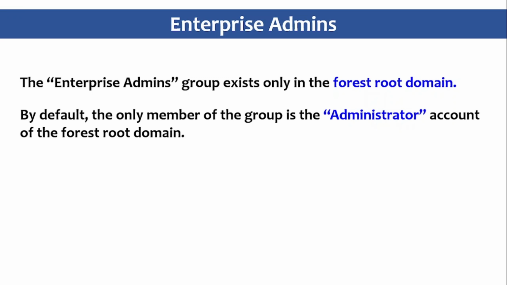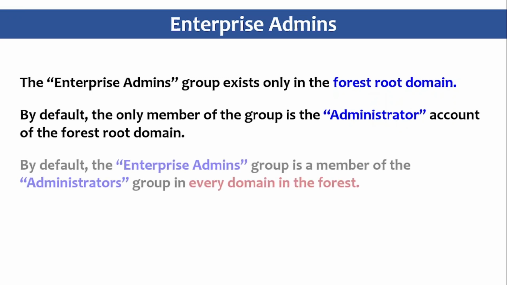And by default, the only member of this group is the username administrator of the forest root domain. And by default, the enterprise admins group is a member of the administrators group in every domain in the forest.